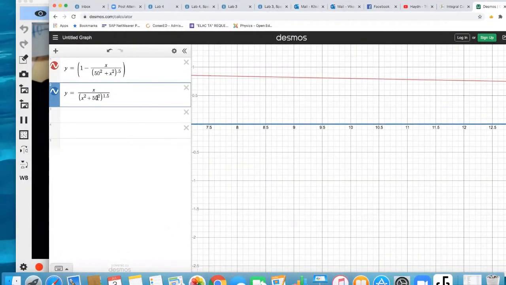Oh, because of the 50 maybe. So let's make the radius smaller here. Let's say 10 meter radius. Still small. Oh, now it's a little bit bigger.